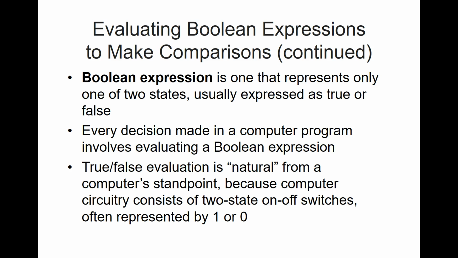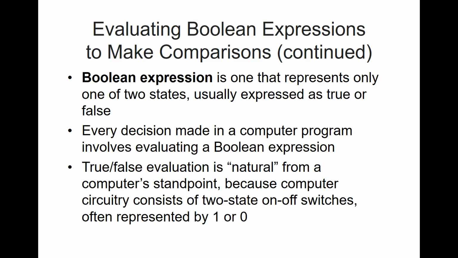So Boolean really just means we're making a decision, and generally we call them true and false, or zeros and ones. So true is 1, 0 is false normally. Everything we do in our computer program, that's all we can do.